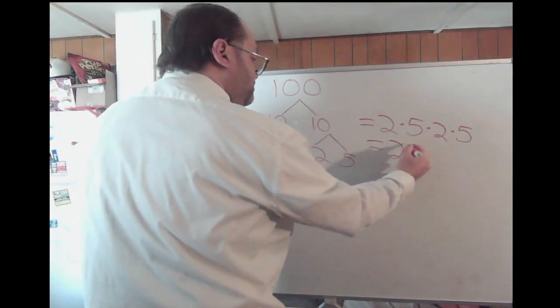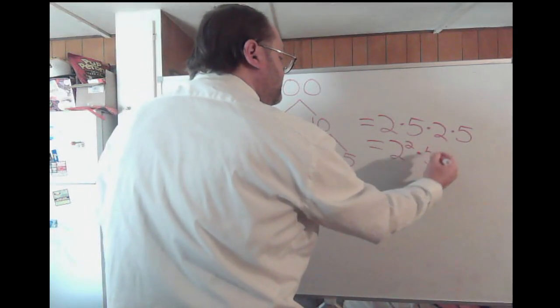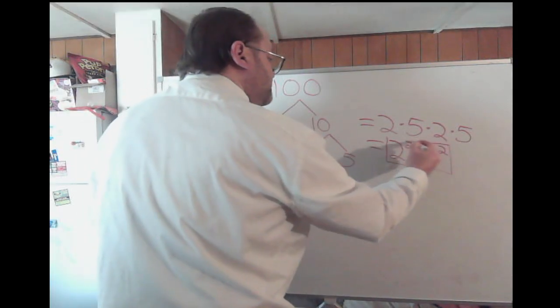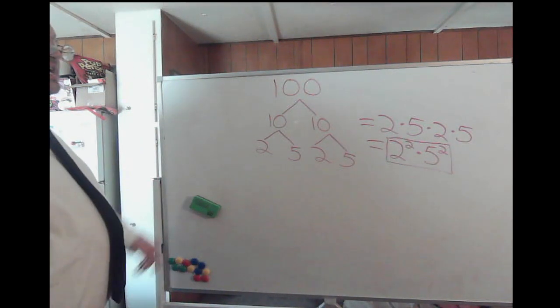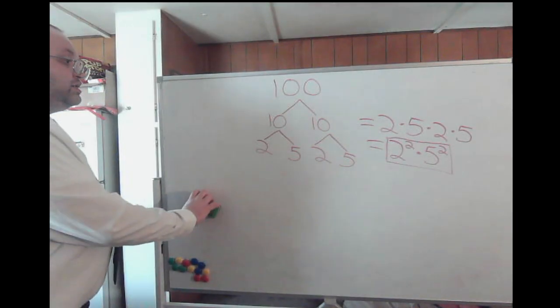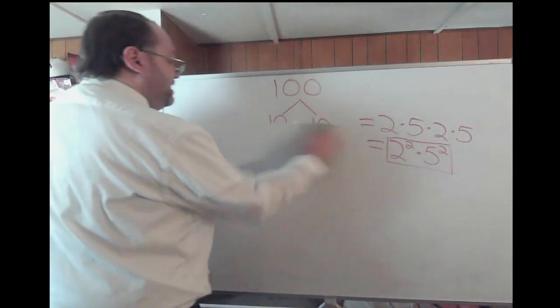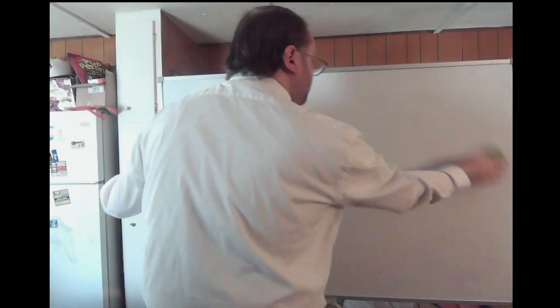That would be 2 squared. Times, we have 5 times 5, well, that'd be 5 squared. So your prime factorization of 100 is going to be 2 squared times 5 squared. That's what that would break down into. So, good to know that 100 is 2 squared times 5 squared for your prime factorization. So if you form the number trees like we're doing, it's easy.